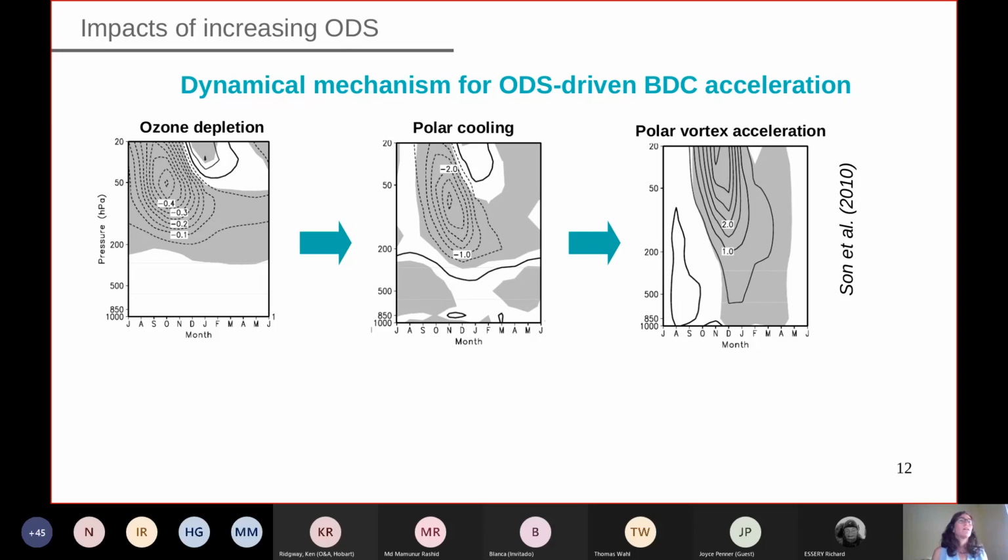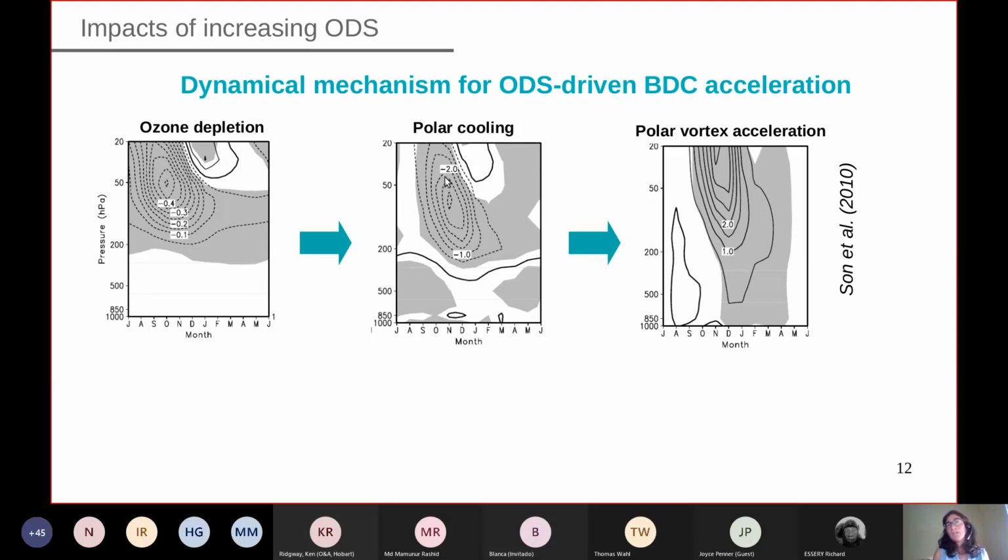So these are trends averaged over the polar cap in the Southern Hemisphere in ozone. So you can see this ozone depletion, these negative trends extending through spring and summer in the Southern Hemisphere. And this ozone depletion leads to cooling of the polar stratosphere because ozone warms the stratosphere as it absorbs UV radiation.